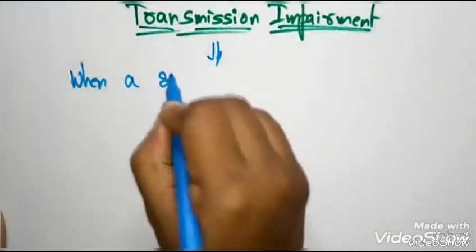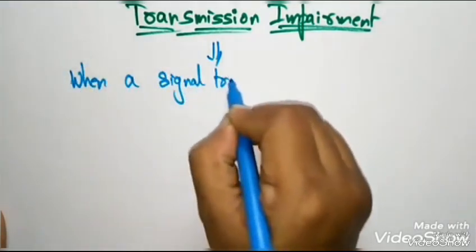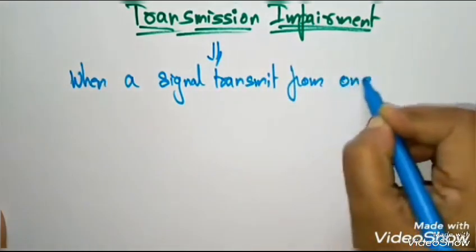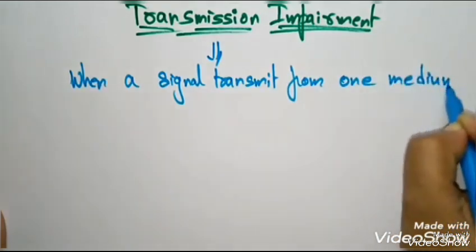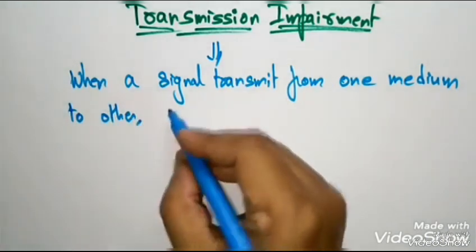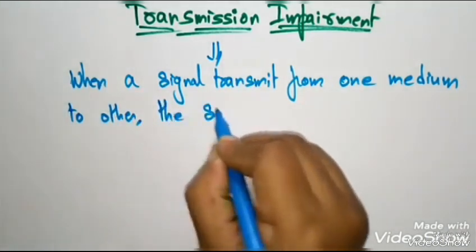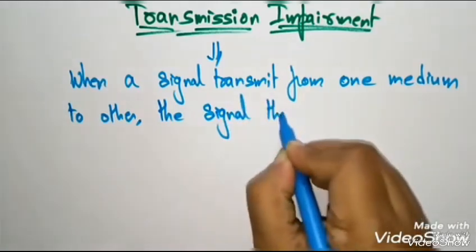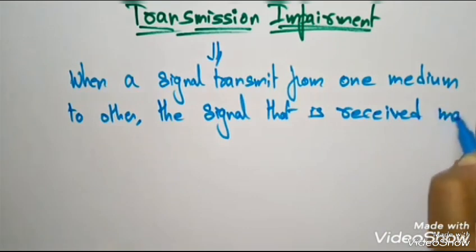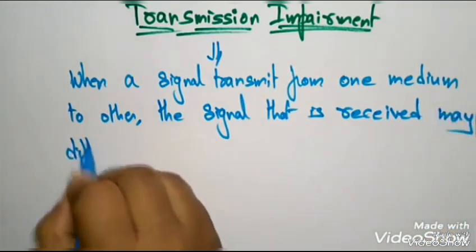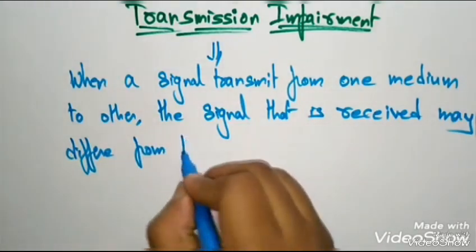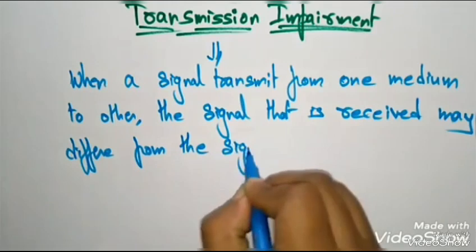So when we use the term transmission impairment, it means that when a signal is transmitted from one medium to another medium, listen carefully, the signal that is received by the receiver may differ from what the signal actually sent by the sender.